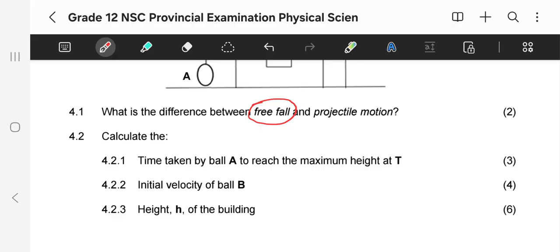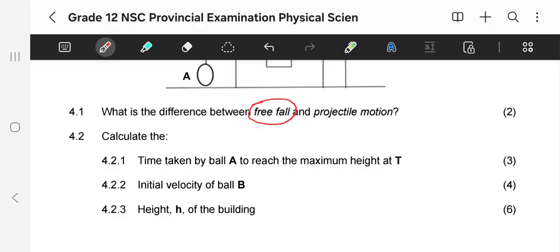That's free fall. And then when you go to projectile motion, it is a type of motion, but we say that projectile motion is the type of motion whereby an object is given an initial velocity and it's moving under the influence of gravitational force only.